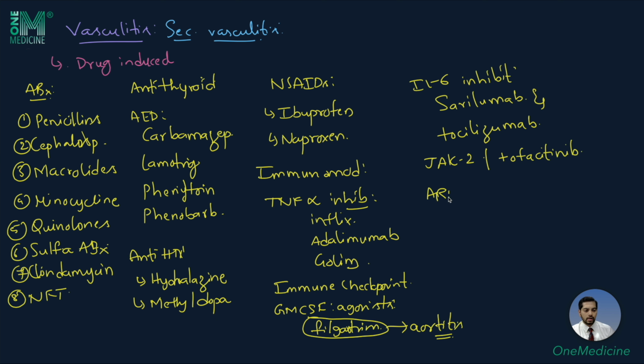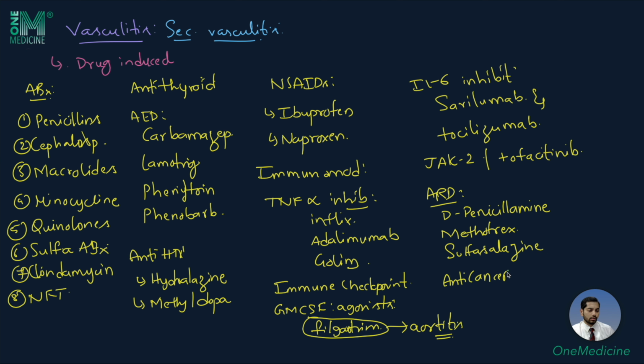Anti-rheumatic drugs including D-penicillamine, methotrexate, and sulfasalazine. Anti-cancer drugs are also implicated in drug-induced vasculitis, and warfarin is also implicated in drug-induced vasculitis. Other medications include psychoactive drugs such as cocaine.